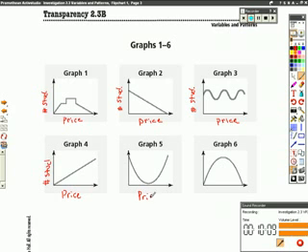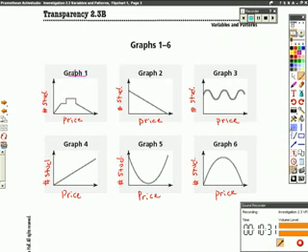Okay, price, number of students. I have all these labeled. Now I have to try to picture the story.